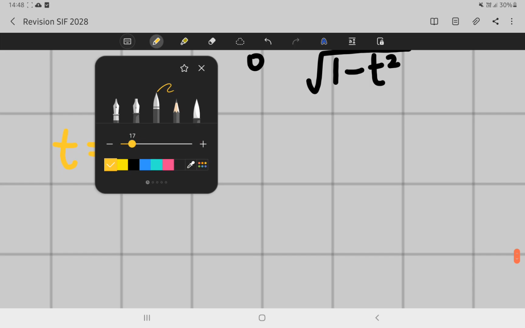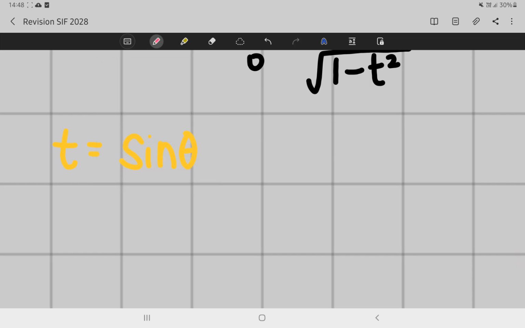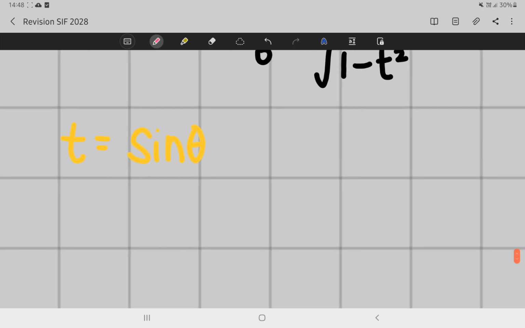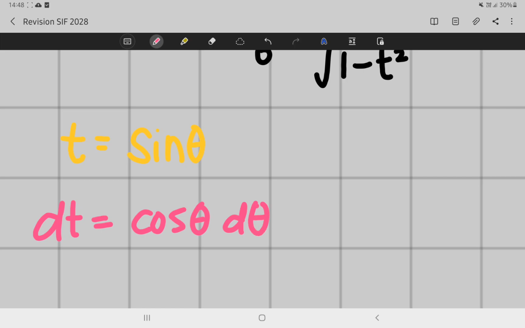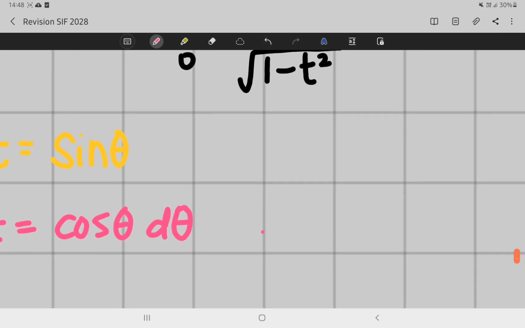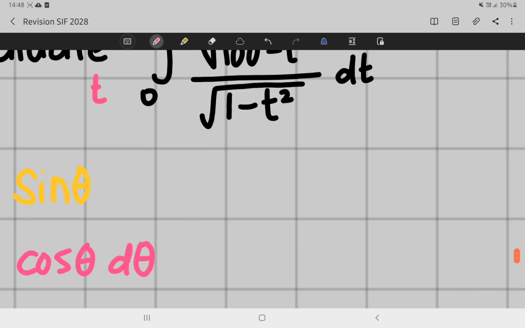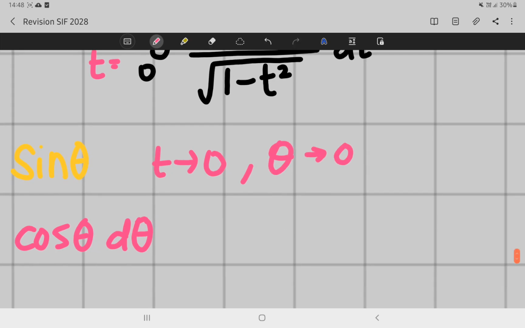Maybe I can use another color. And then dt is just cosine of theta d theta. So this is the limit of t. So when t goes to 0, theta goes to 0 too.